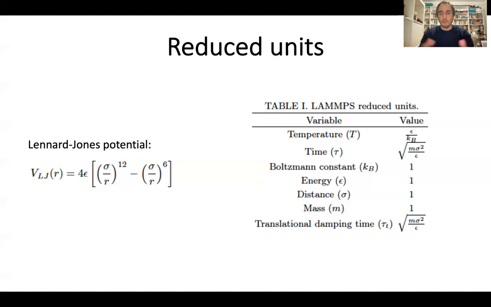So sigma is the reference value of distance. If you change the potential so that sigma is 10, the reduced unit will still be 1. It will be 1 sigma, but the value that you have is 10, and that's your reference.